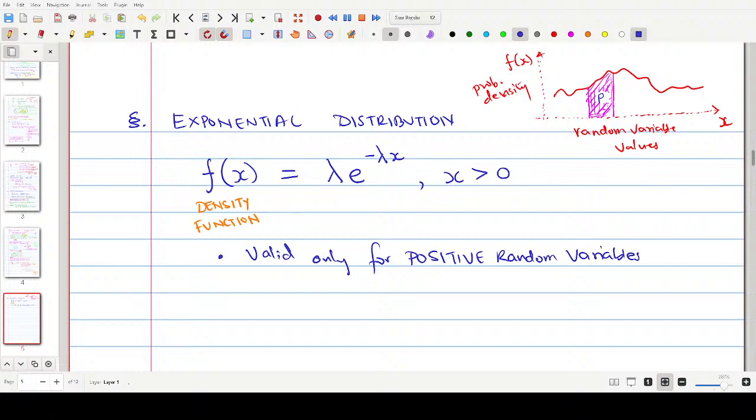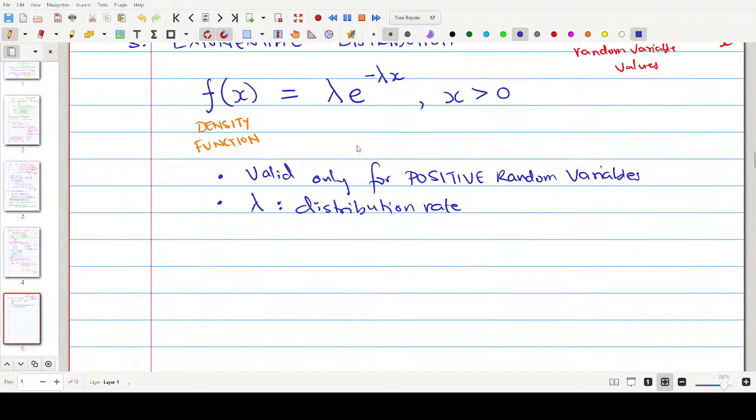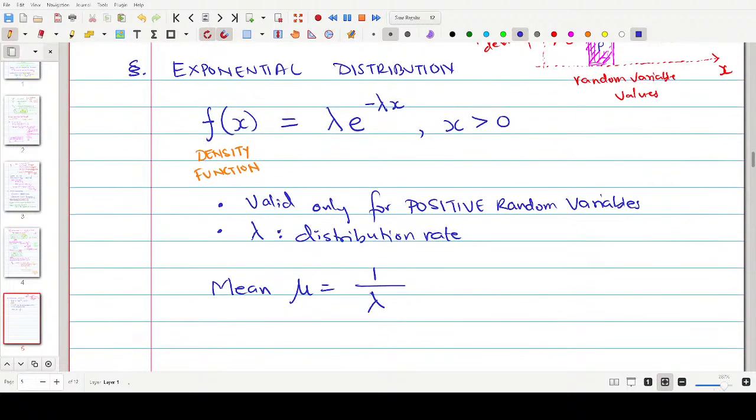Okay, so in this formula we can see something called lambda, the distribution rate. Before getting into the example, let me write down the mean. The mean mu is the reciprocal of the distribution rate, 1 by lambda. You remember in the Poisson distribution, the lambda, the average, was equal to the mean.